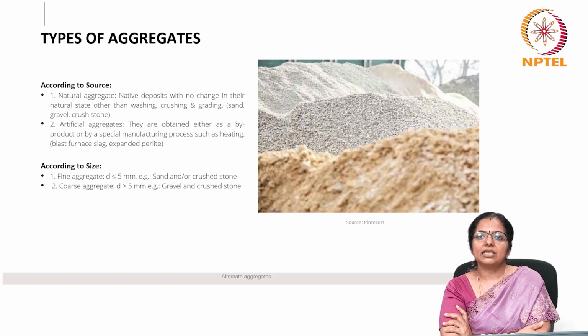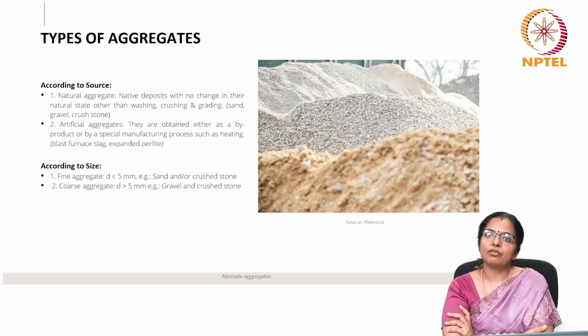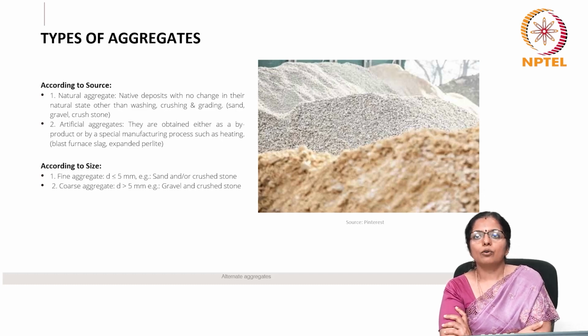For example, sand, gravel, crushed stone. Or we can have artificial aggregates. These are obtained either as a byproduct or from a special manufacturing process such as heating. For example, blast furnace slag or expanded perlite.